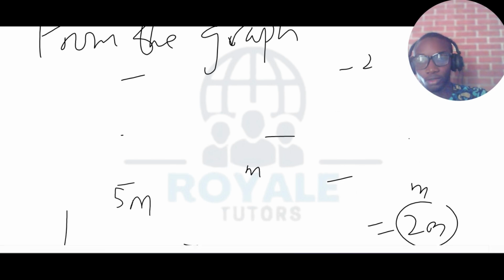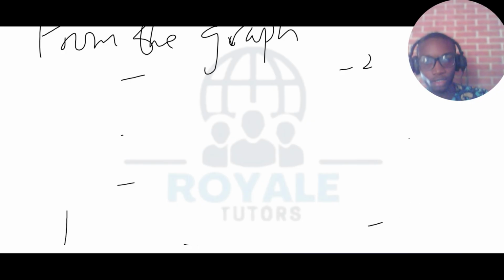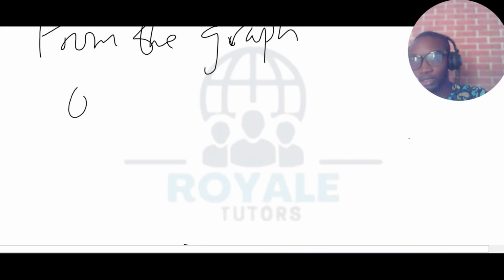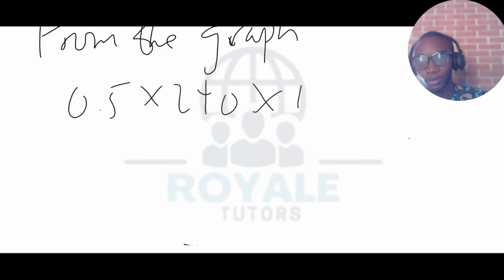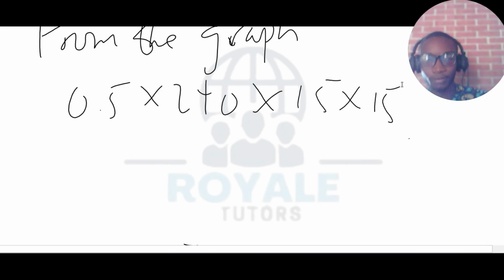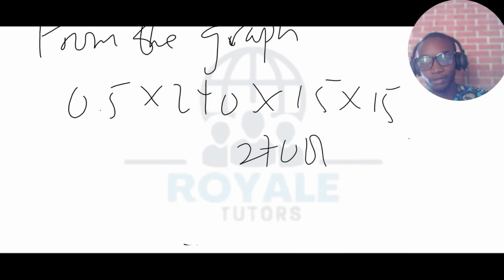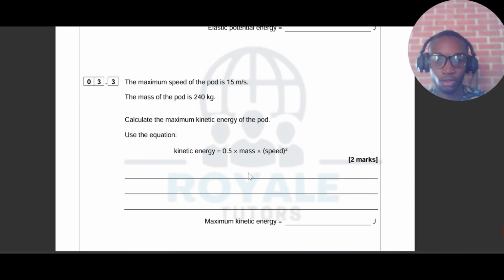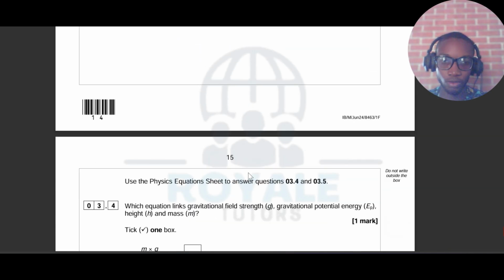So that's 0.5 times 240 times 15 times 15, and this gives us 27,000 joules. So the answer is 27,000 joules.